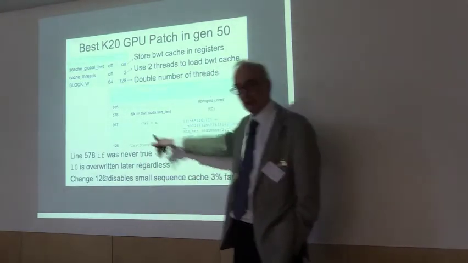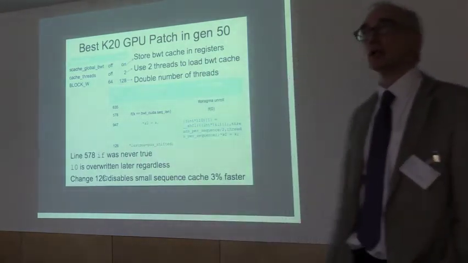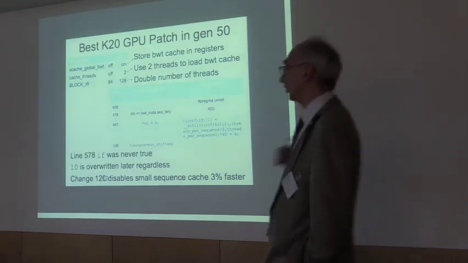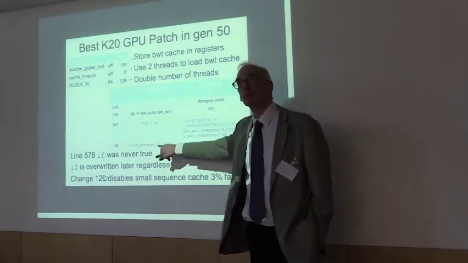The last one's interesting. Line 126, we've deleted line 126, which means effectively we've disabled a software cache. So the original code was written by hand. Somebody thought it was a really great idea to cache the last 8 values. And what evolution has decided is, I'm not going to do that.